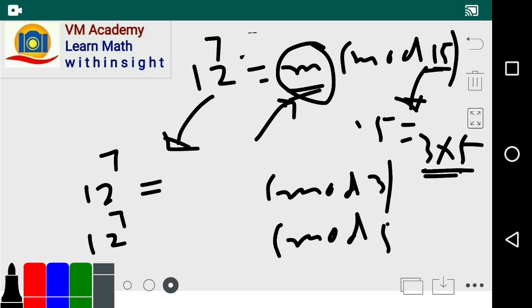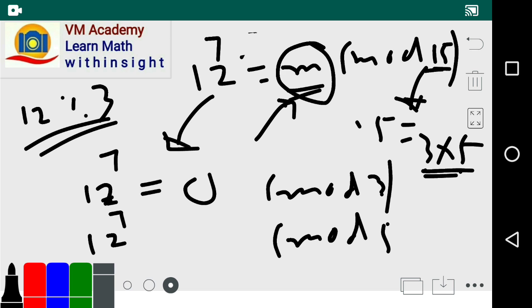Calculating 12 raised to 7 modulo 3 is far easier, friends. Since 12 is perfectly divisible by 3, replacing 12 by 12 mod 3 we get 0 raised to 7, which is 0.